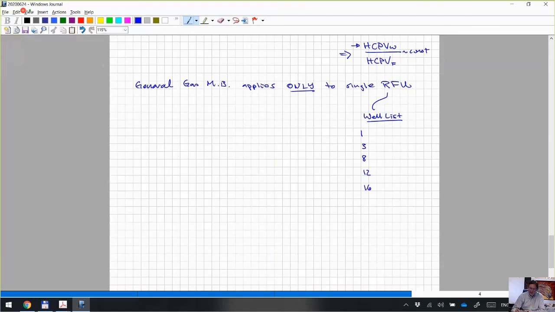And so your cumes and your average pressure would be for the collective group of wells, okay? So that would be something like this. It would be Gp, the sum for the wells in the reservoir flow unit.